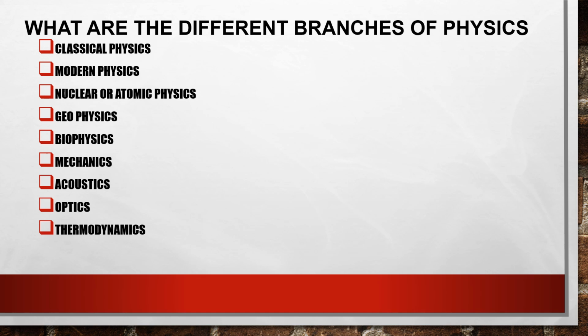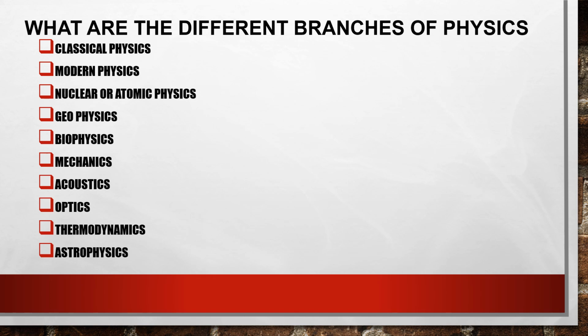So these are some of the branches of physics that we have, although we have one more that is called astrophysics. Astrophysics is an important branch of physics which deals with space science and all the things that happen around celestial objects, and how they relate to physics. The study of astronomy is all covered under astrophysics.